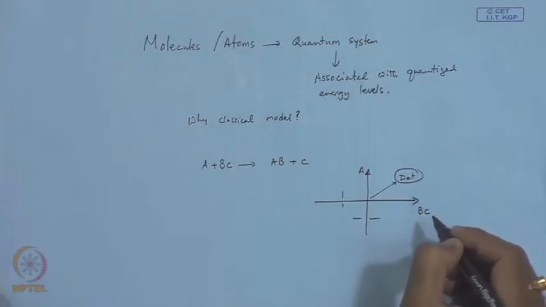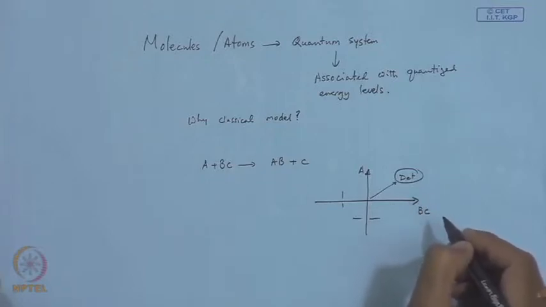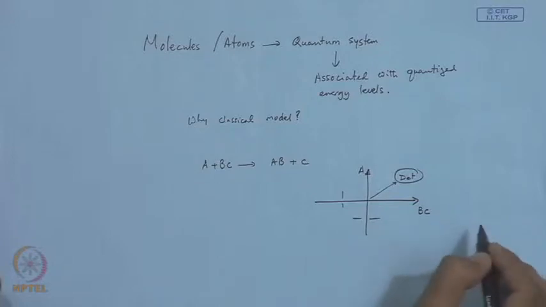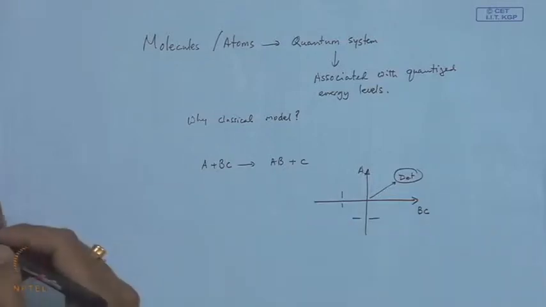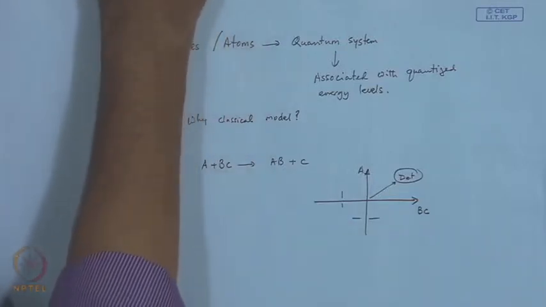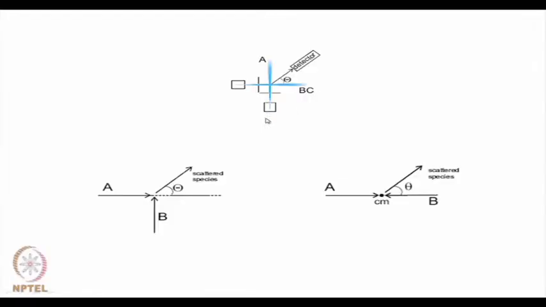The data which is obtained from the detector is basically obtained in the laboratory frame. Okay. So, laboratory frame means like this: this is your A, this is your BC, and this is theta, the angle of the detector, that is the angle with respect to maybe BC or maybe with respect to A. Okay.